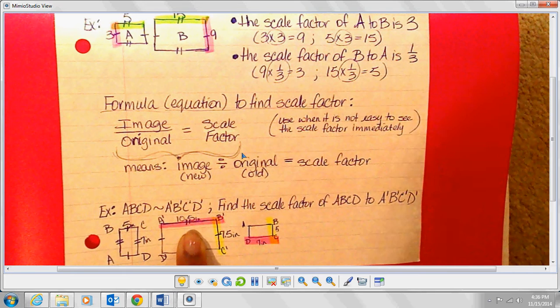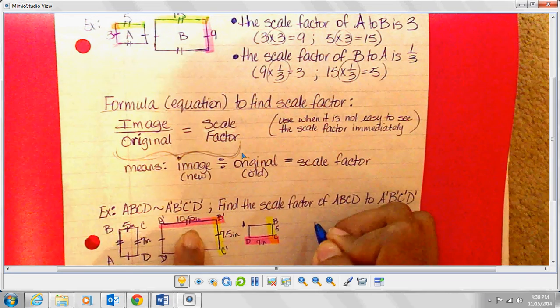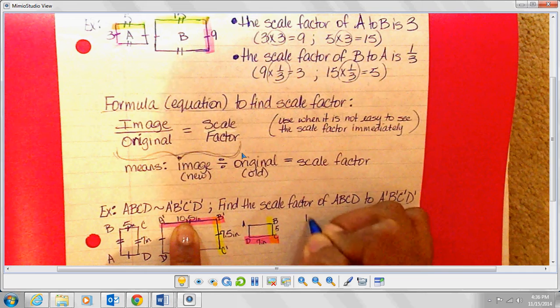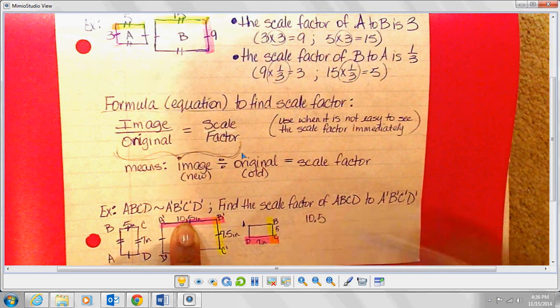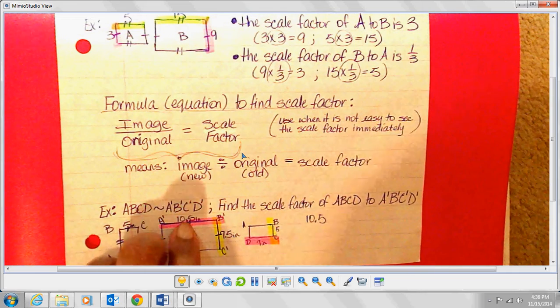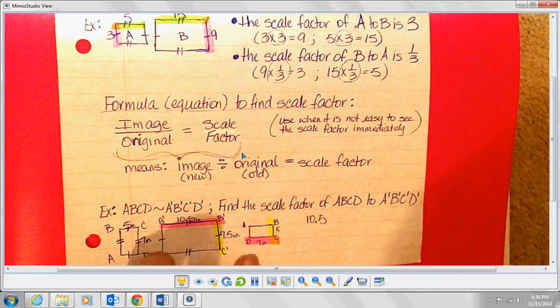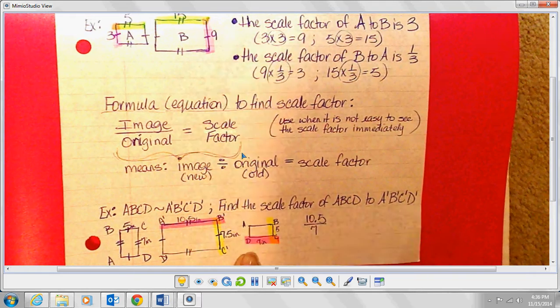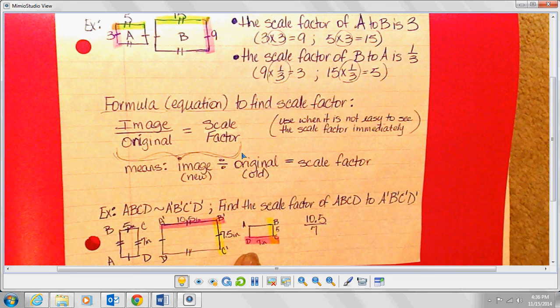Remember we talked about the prime notation in class on Thursday. So since I have 10.5, and its corresponding side is the 7, I would take that 10.5 and divide it by 7.